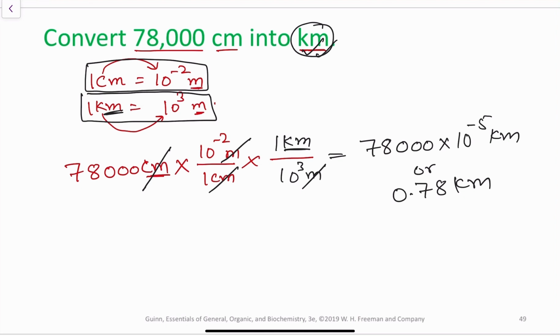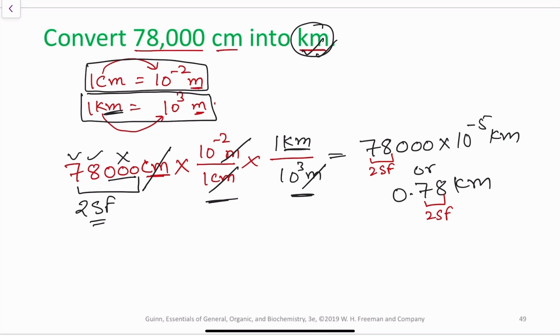Let's look at the significant numbers, how many significant numbers you have here. Like I said, we cannot use significant numbers from a conversion factor, so the only thing left is 78,000 centimeter. In 78,000, these zeros are not significant because they are trailing zeros and we don't have any decimal, right? So you have only two non-zero numbers, two sig figs over here, so our final answer has to have two sig figs. This has two sig figs, and the bottom answer also has two sig figs, so both answers are right.